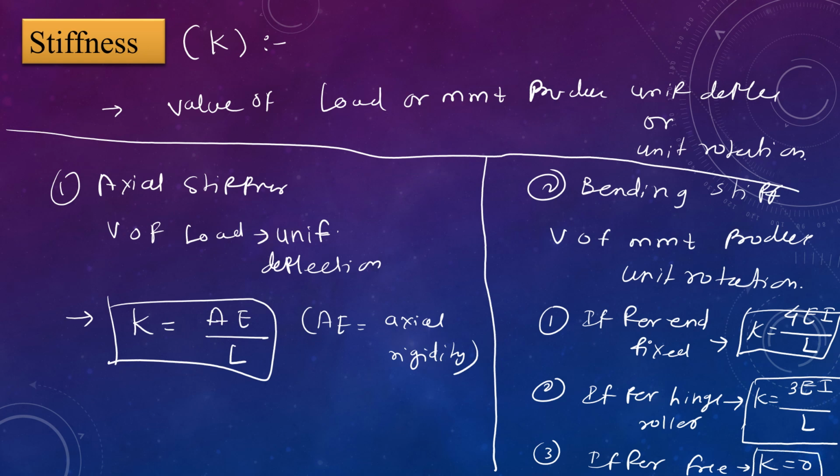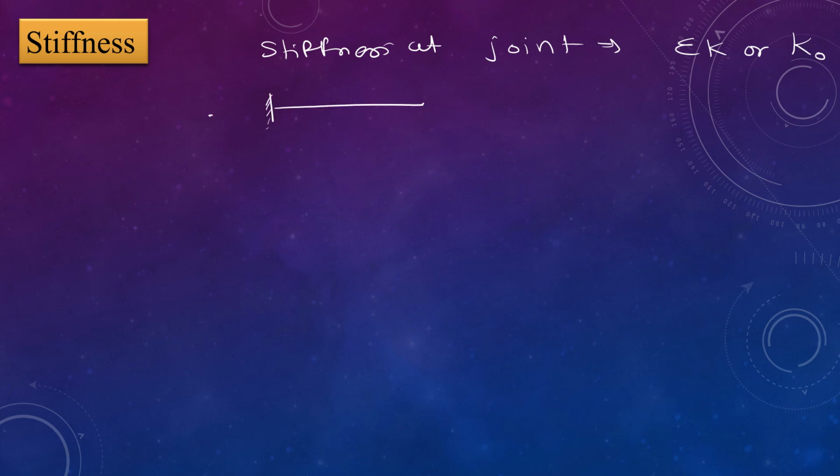Next we'll see the stiffness at a joint. Stiffness at a joint is represented by summation of K, or K naught. Consider this frame structure with a hinge support.